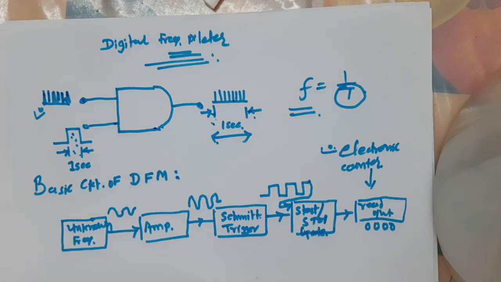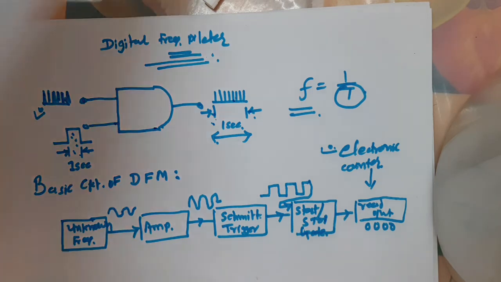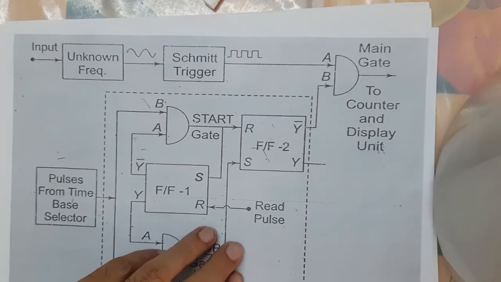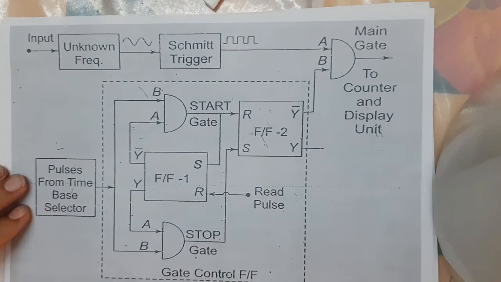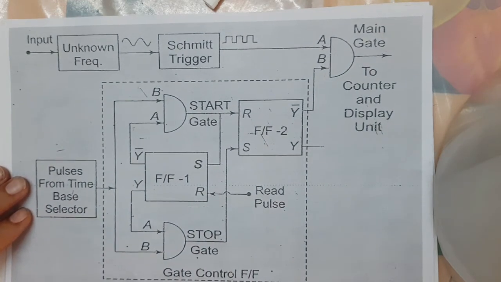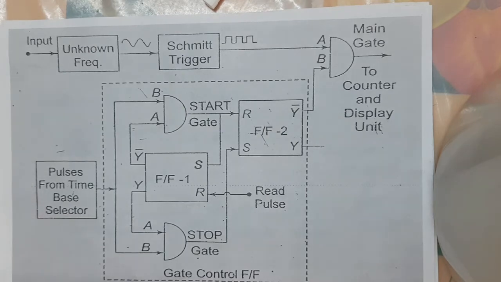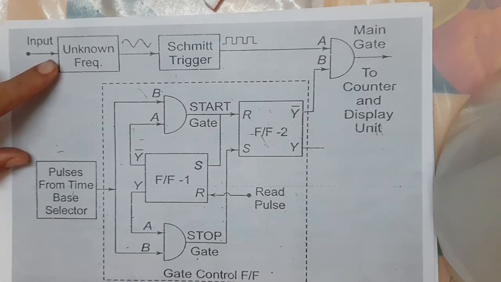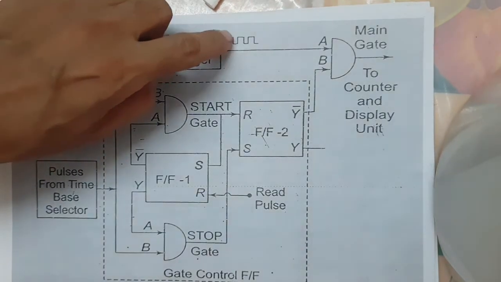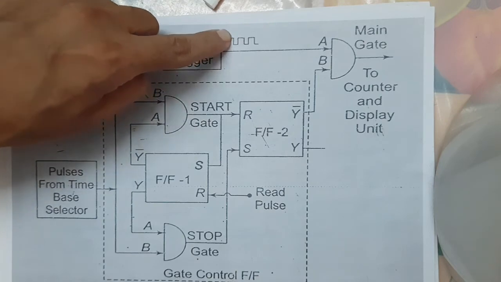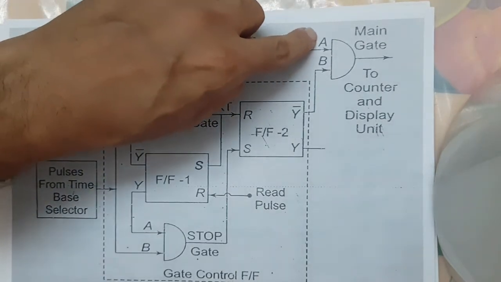Now we will discuss the basic circuit for frequency measurement. So this is our basic circuit for measurement of frequency. How to measure here? Here the same thing: the unknown frequency goes through the Schmitt trigger, which converts it into a square wave, and then it is given to the main gate.